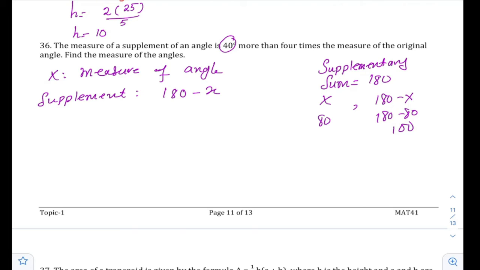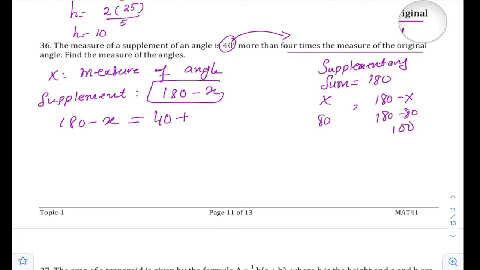So if you know that the measure of the supplement angle, which is this one, 180 minus x, is 40 more than, so 40 plus 4 times the measure of the original angle. So it is 4 times the original one, which is x.